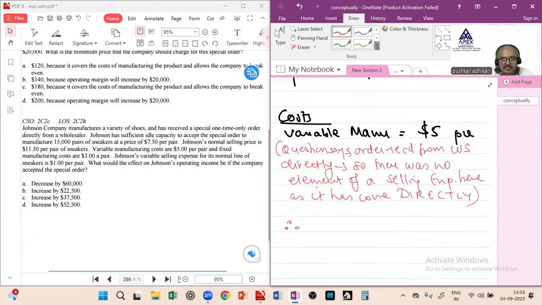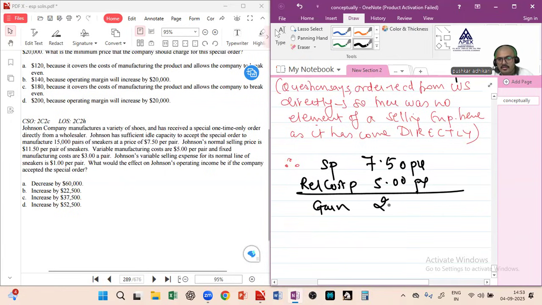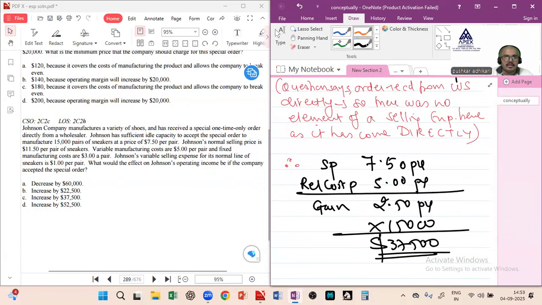Therefore, selling price 7.5 per unit, relevant cost per unit 5, gain 2.5. How many units in the special order? 15,000. 2.5 multiplied by 15,000. What is your answer? 37,500 is your answer. The answer is option number C.